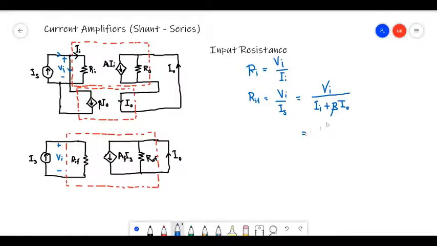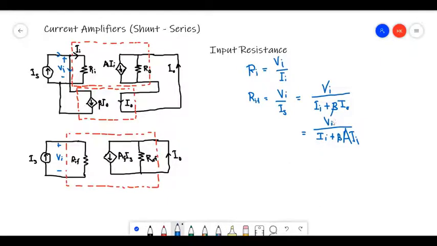So this is Vi divided by II plus beta, and instead of I out, I can write A II. So I can take II out of the denominator.